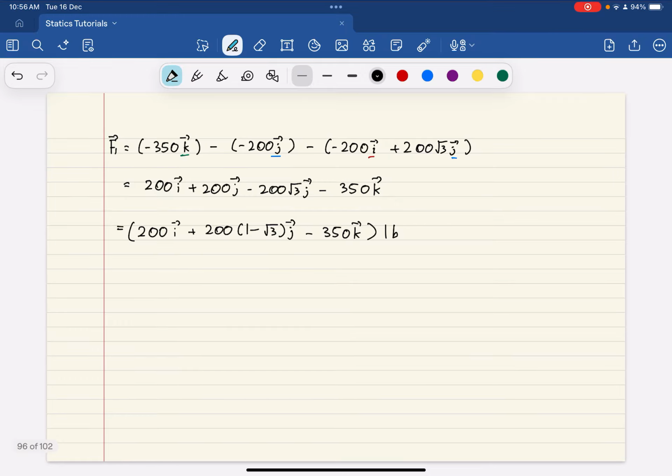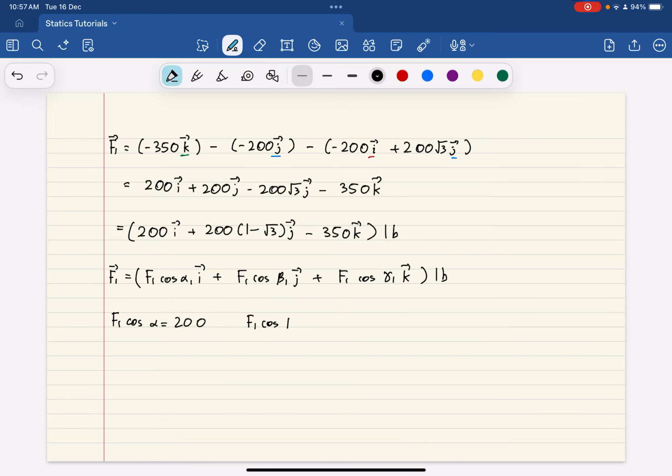If we equate it to the original F1 equation, F1 was F1 cos alpha 1 i plus F1 cos beta 1 j plus F1 cos gamma 1 k. So we can say that F1 cosine alpha 1 is 200, F1 cosine beta 1 is 200 (1 minus root 3), and F1 cosine gamma 1 is negative 350.